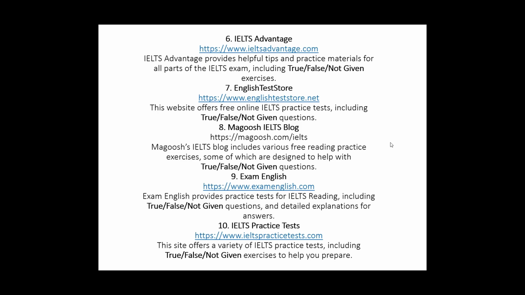We can also do IELTS Advantage, IELTS Test Store.net. Advice to you: don't spend money on paid resources because there are many free resources online. Just maximize them. If they are asking you to pay, just do the one with trial versions.